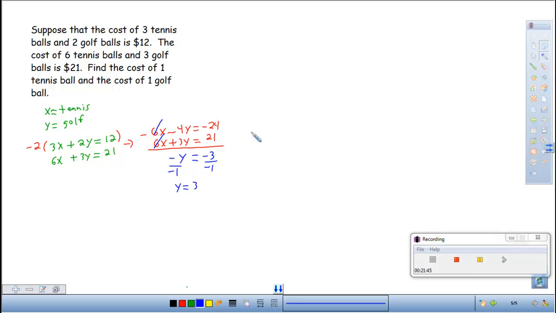I also need to find out how much my tennis balls cost. You're going to do the same thing that we did on the other one to find your other variable. You're going to substitute into one of your original equations. So to find x in this case, I'm going to use my first original equation, 3x plus 2y equals 12. Then I'm going to plug 3 in for y.